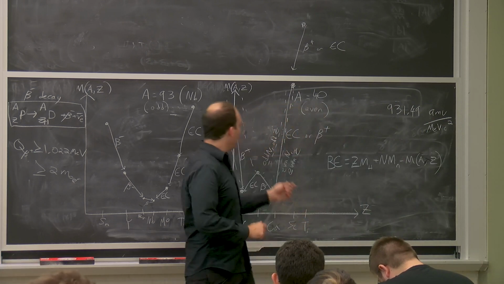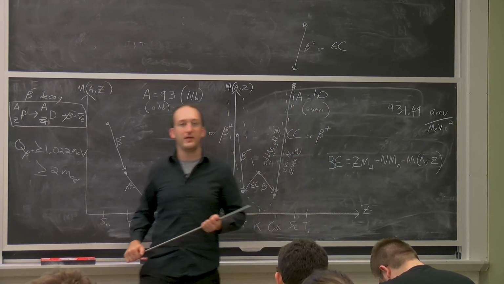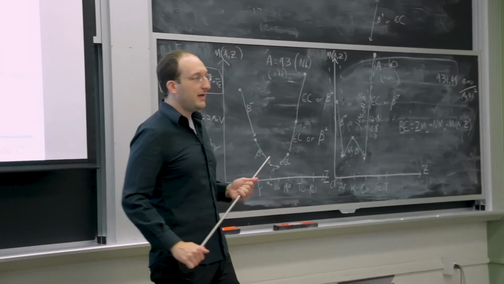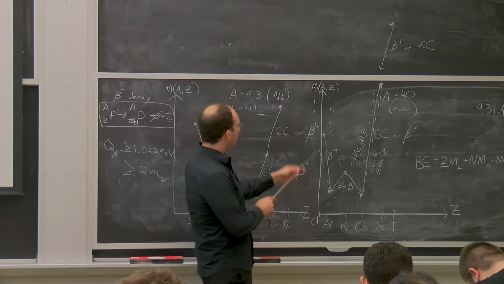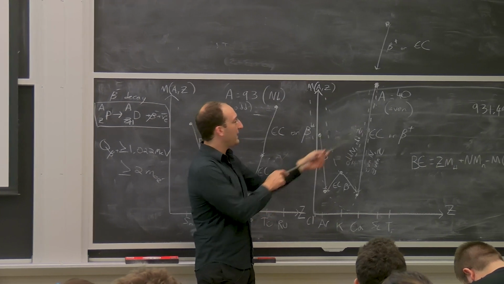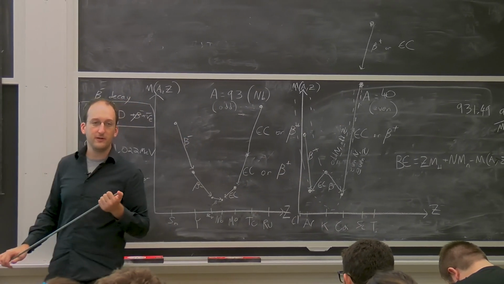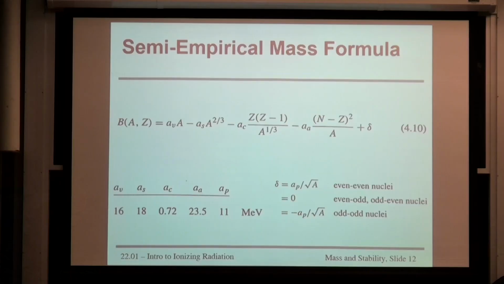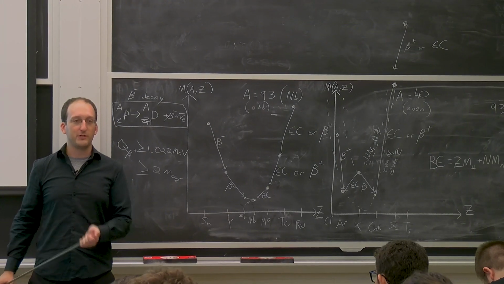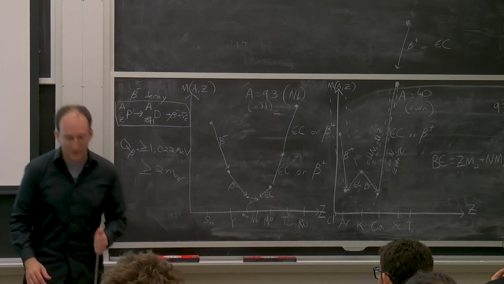Something with a higher mass is going to have a low binding energy, which means it's less bound and less stable. And indeed, the further up the mass scale we go, the higher those beta or electron capture or positron energies are. There's another thing you can check too, which is the half-life. Half-life is what we'll be talking about on Tuesday. It's how long before an average amount of a substance has undergone radioactive decay.